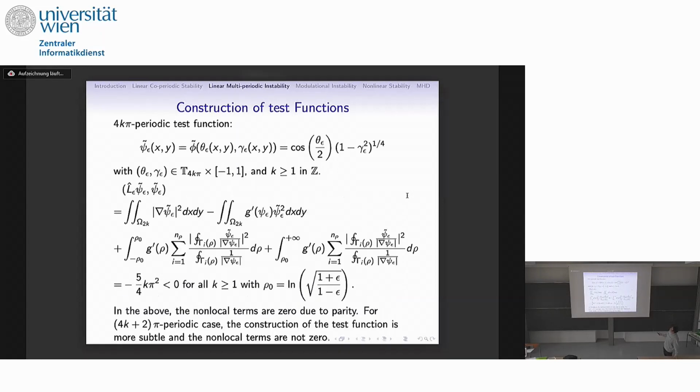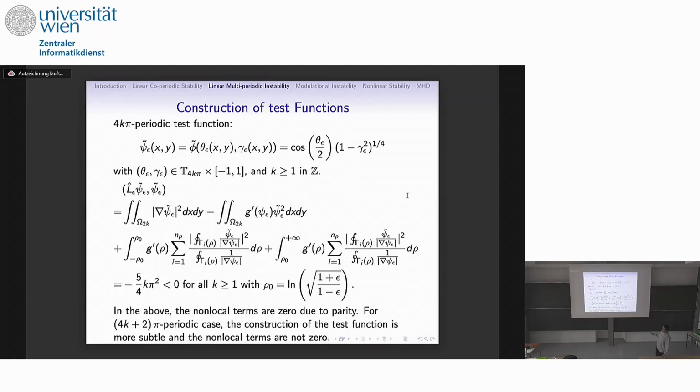The construction of this test function is in the following way. For the double periodic, even multiple of periods, the construction is like this.